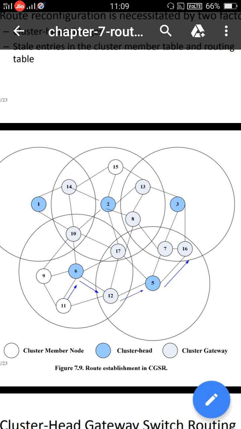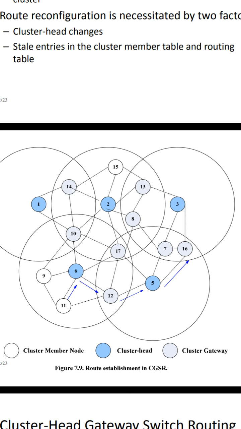First of all, 11 is a cluster member node, and it transfers the data to its cluster head. The cluster head then transfers the data to the cluster gateway nearest to our destination node. In this example cluster head 6 transfers the data to 12.